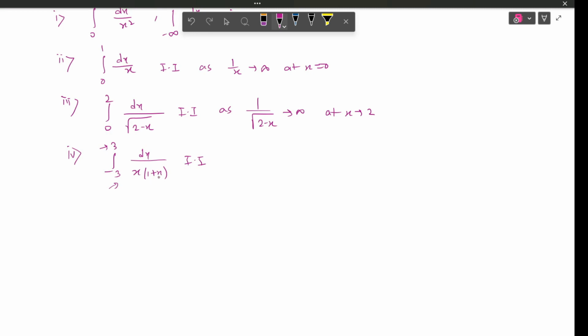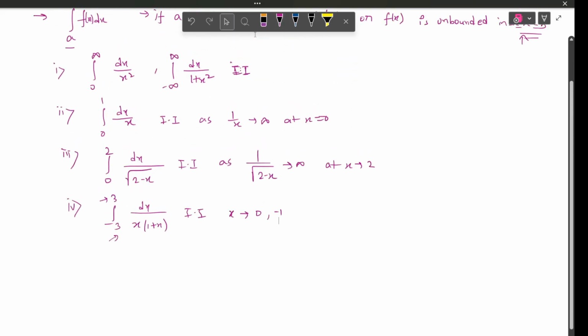But if we take x values as 0 or minus 1, if we put 0, then 1 by 0 will be infinite, and if we put minus 1, then 1 minus 1 is 0, so in that case also this function f(x), that is 1 by x into 1 plus x, is infinite. So this is also an improper integral.